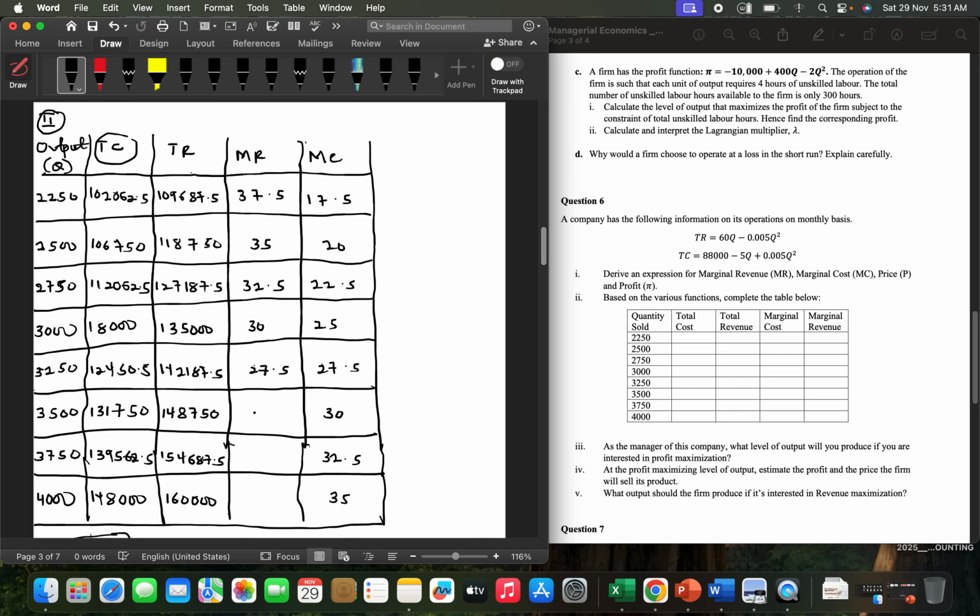It will give us 25, not 30, 25. Yes. Then the next one, the output was 3750. That would give us 22.5.